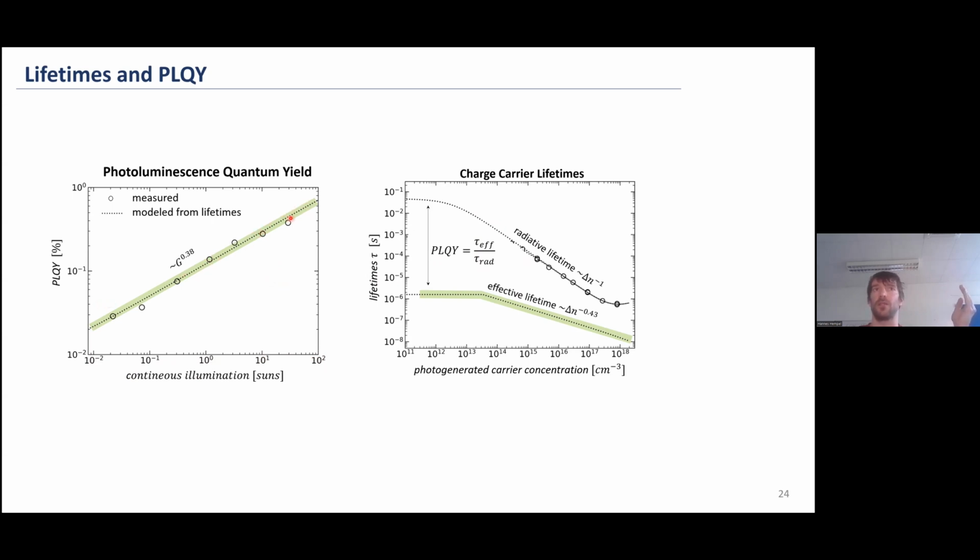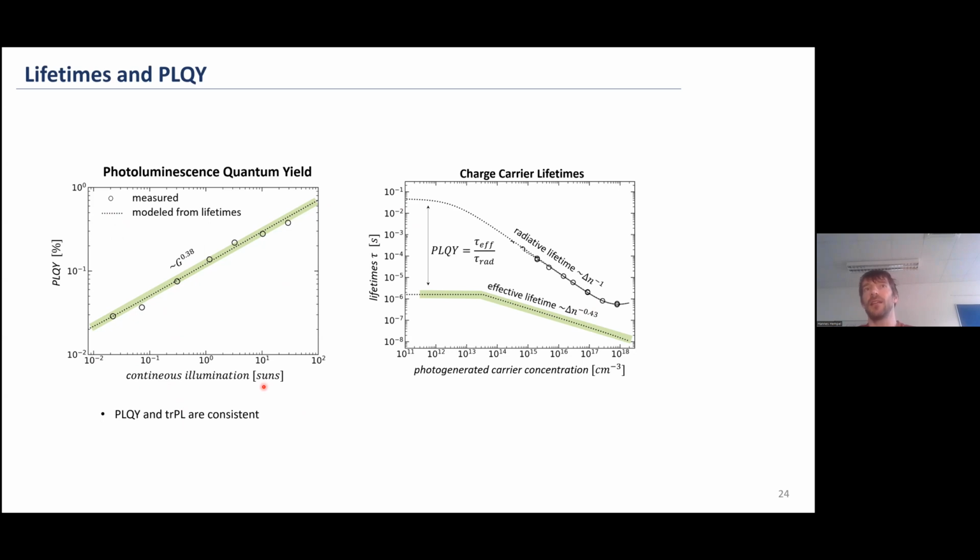The dotted line is the model from this ratio, and it fits very well. So PLQY and trPL are consistent with each other, and the exponent is also consistent.